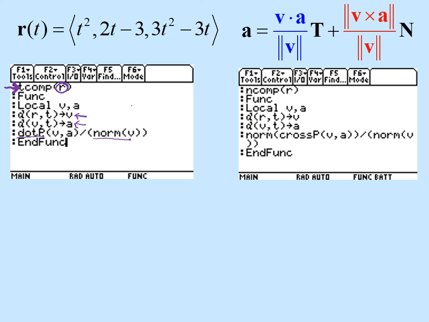Very similar, the N comp formula finds v then a, does the cross product, the magnitude of that, and then divides by the magnitude of the velocity. So both formulas are pretty straightforward on the TI-89.